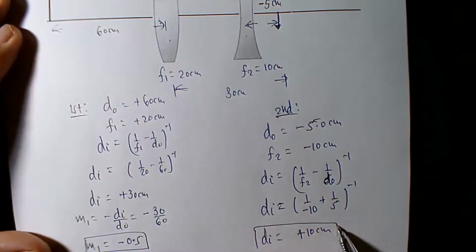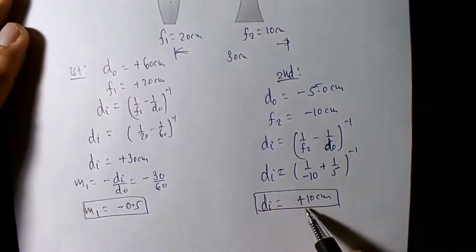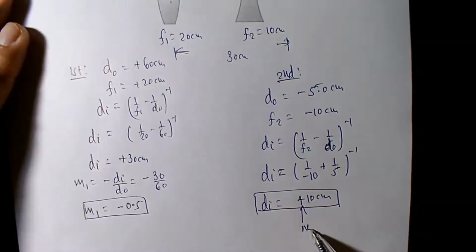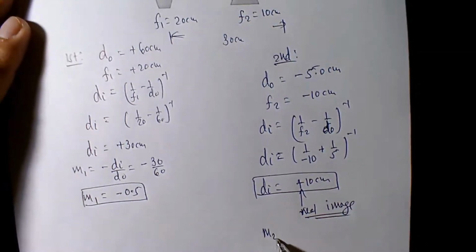So that means the combination forms the final image as a real image. And what is the final overall magnification? M2 is negative DI over DO, negative 10 divided by negative 5, so positive 2.